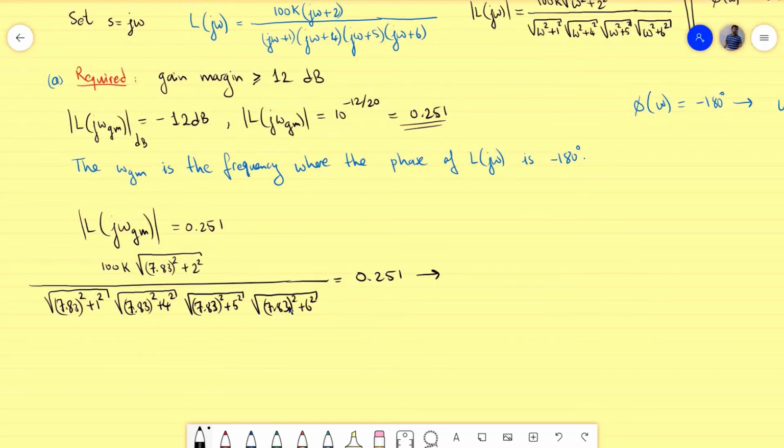Again, you can do the math here using a solver. It's not really that difficult. Actually, this is just a very simple expression, which is a linear function. What you get is a value for K, which is very close to 1.98.